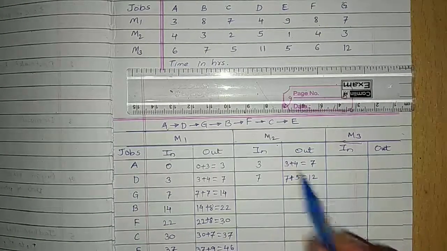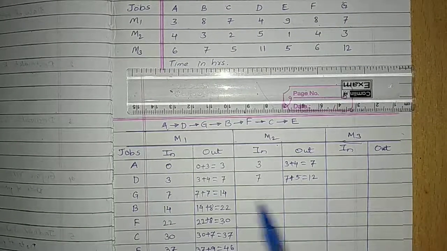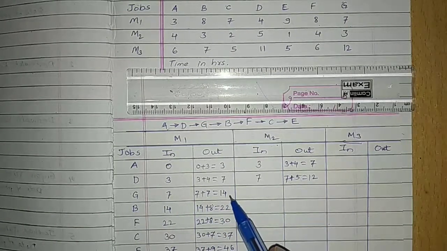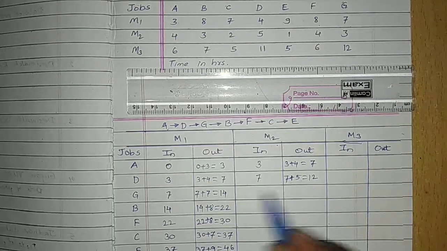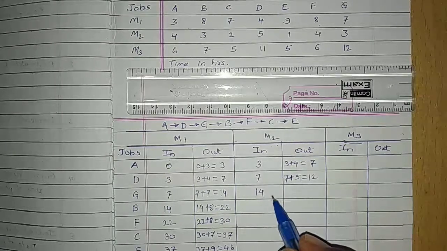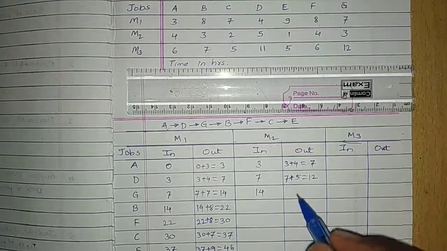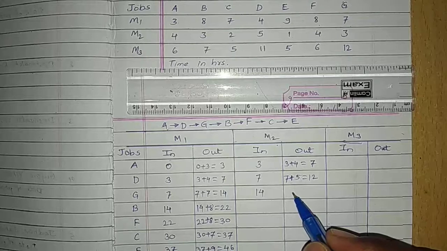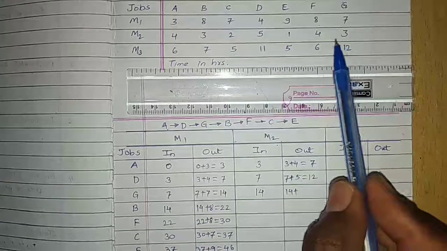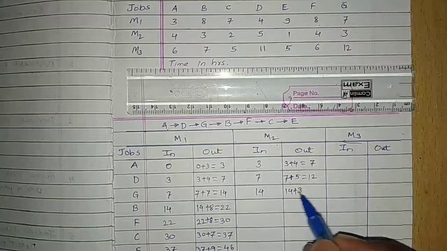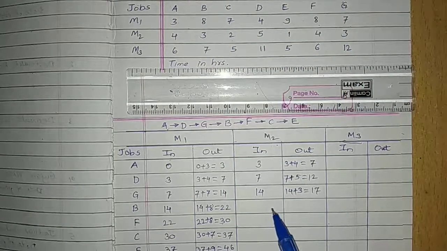Okay. Now machine M2 is available after 12 hours, but job G is coming out from machine M1 after 14 hours. So here in time will be the maximum of these two, that is 14 hours. Now 14 plus the processing time of G on M2, which is 3 hours. So 14 plus 3, 17. Okay.